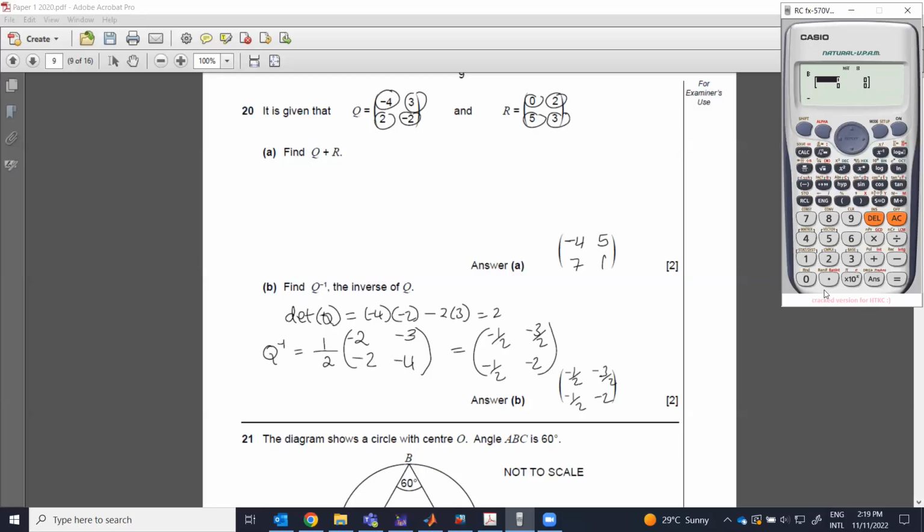So it's -1/2, so it's a 0.5. And then I have -3/2 is -1.5. And then -0.5. And then -2.